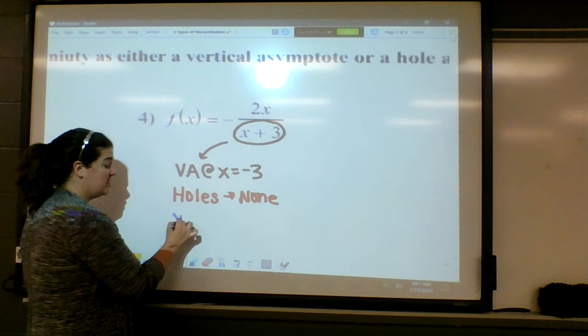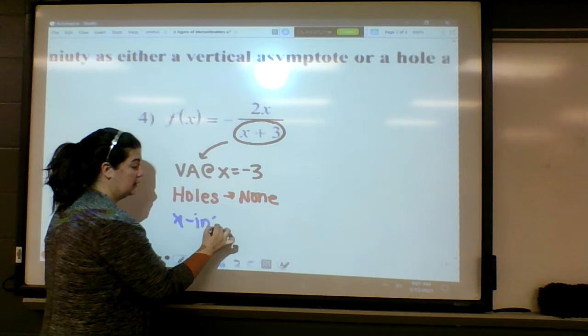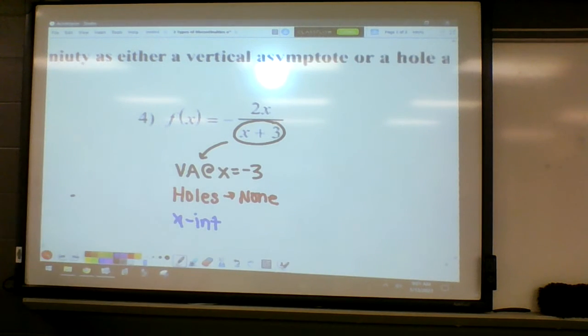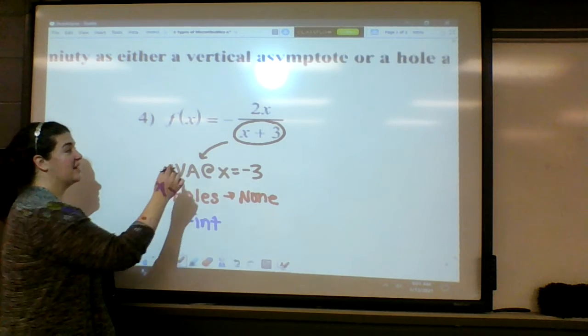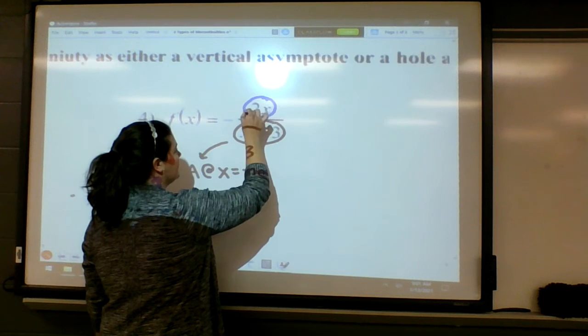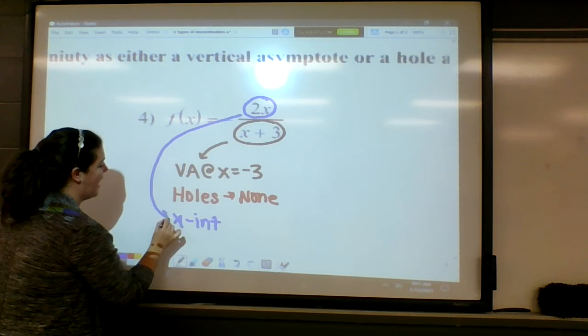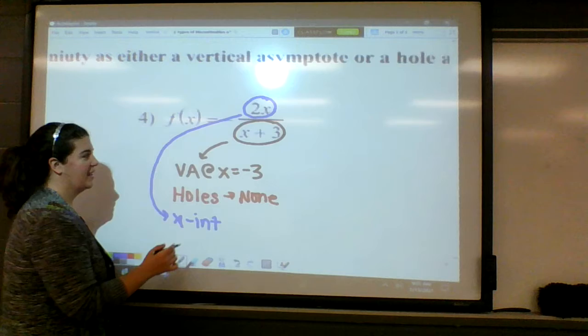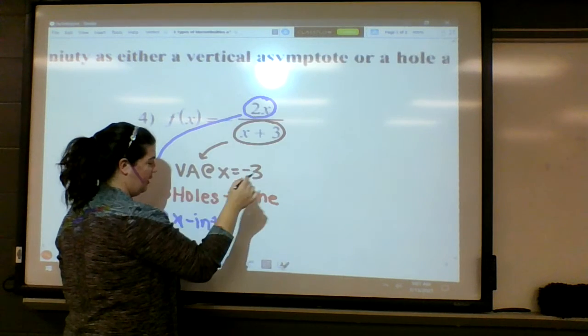Are there any x-intercepts? Is there anything in the numerator that didn't get used? Any variables in the numerator? Yeah, this 2x, right? The 2x is going to make an x-intercept because it wasn't included in any holes.